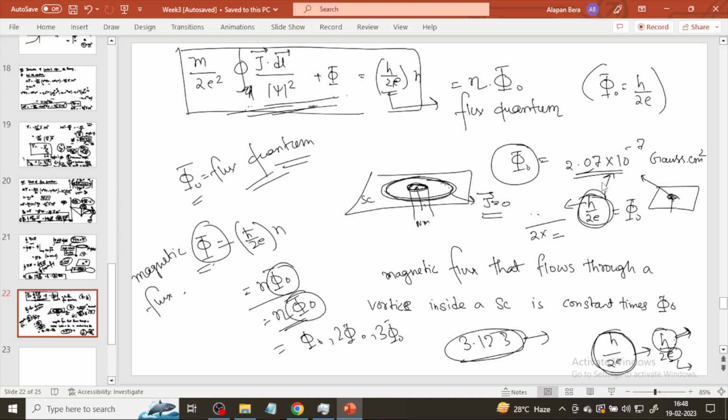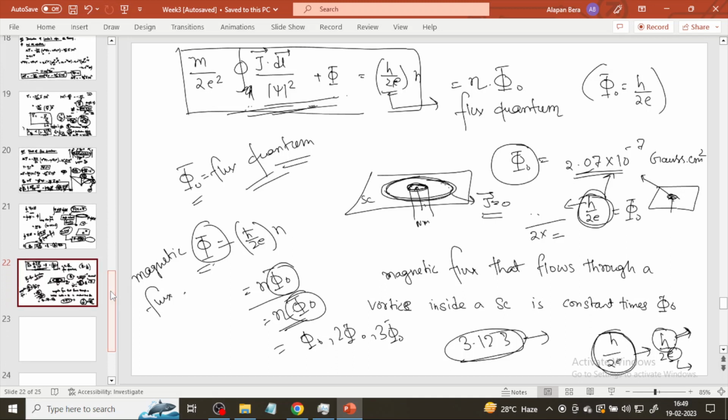By that you can verify that the values of the universal constants that are generally used are exactly matching. Okay, so this is a very important aspect of measuring the superconducting flux. So this ends my discussion on this flux quantum.